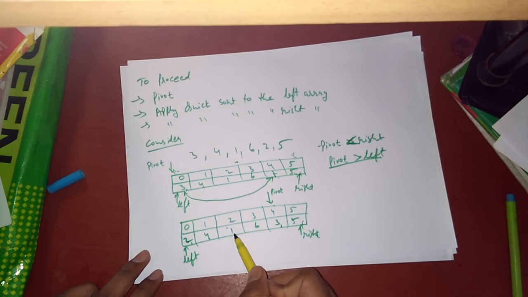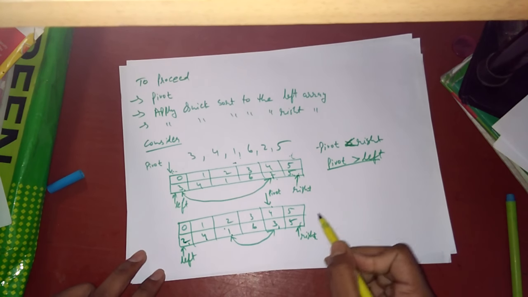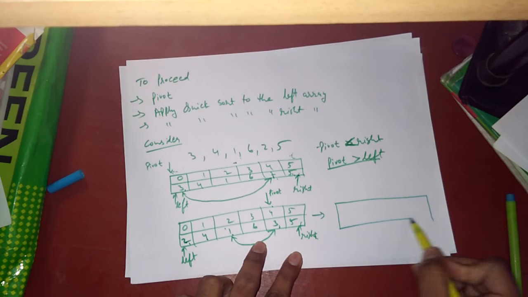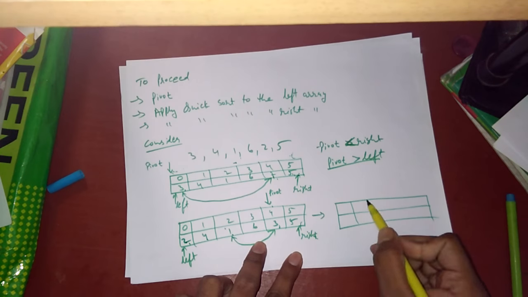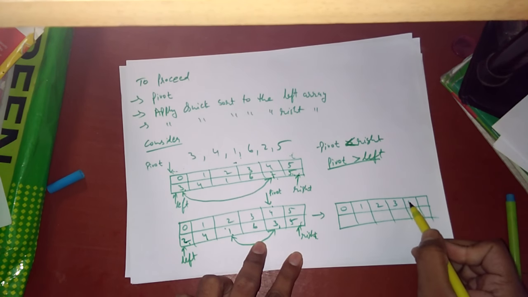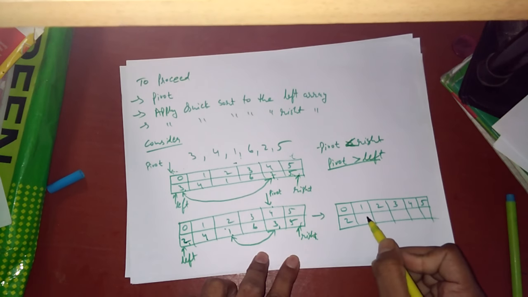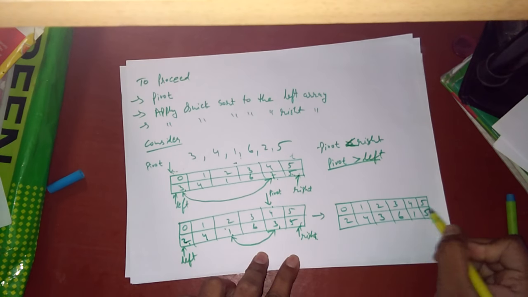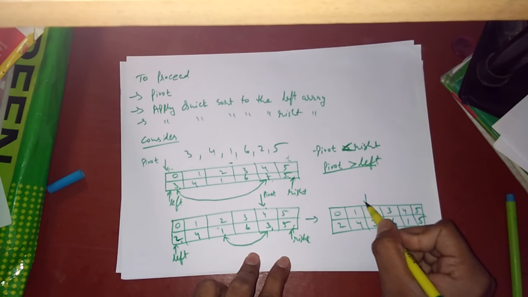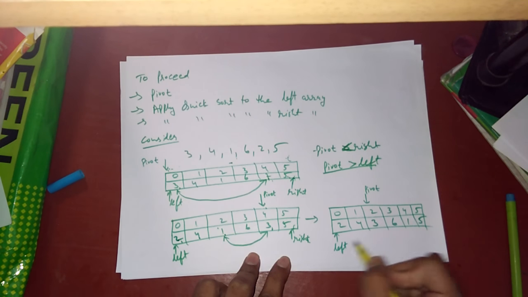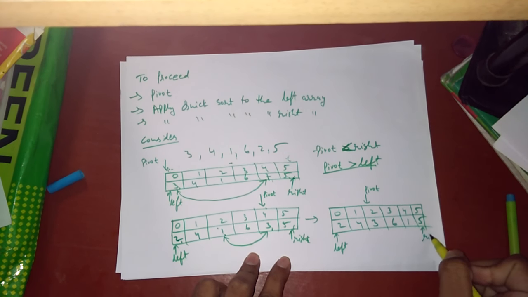Pivot is greater than 1, no, here it is false, so it will be swapped. 2, 4, the swapped element is 3, 6, 1, 5. Now our pivot is here, this is the left one and this is the right.